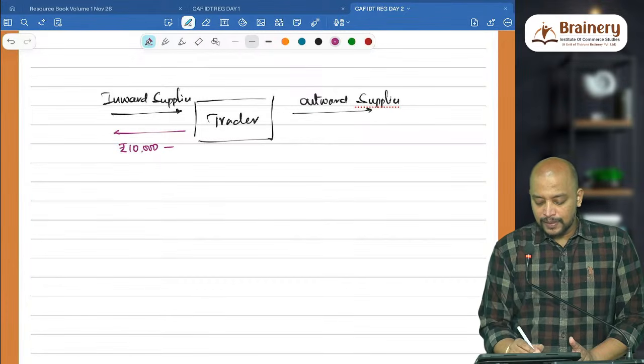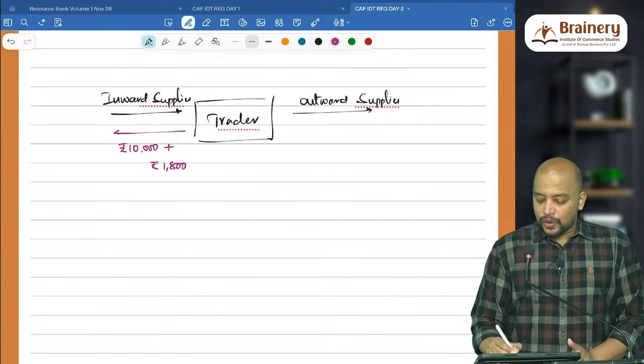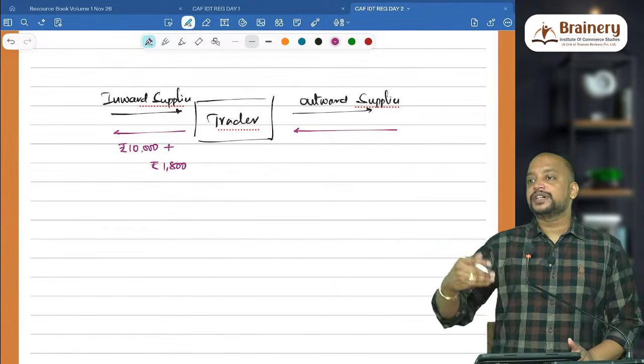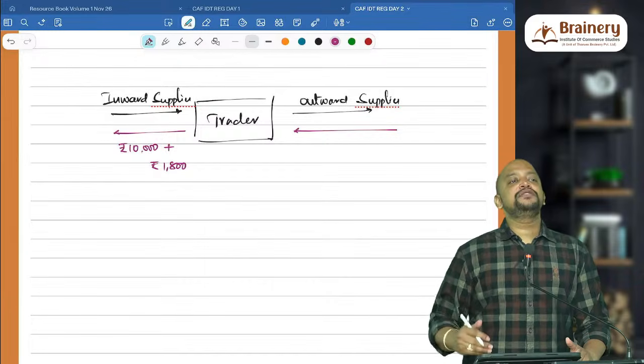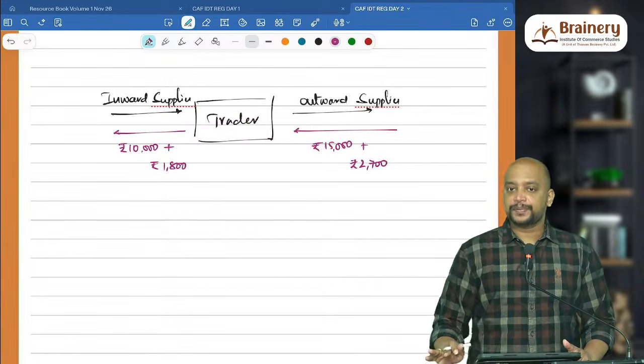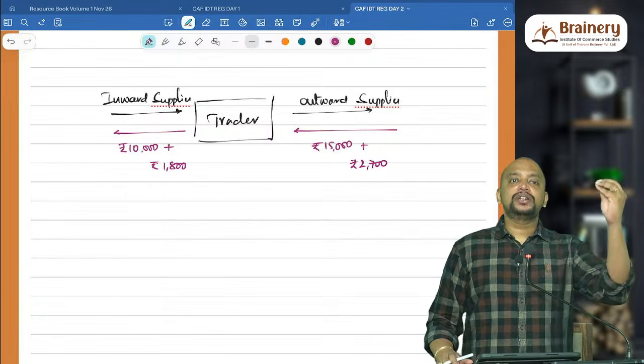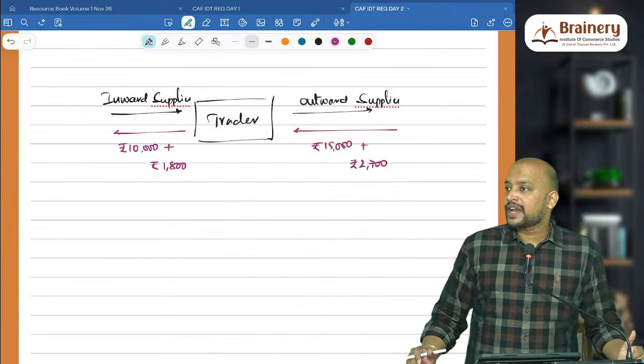10,000 plus 1,800 as GST. Whereas on outward supplies, when you sell to your customer, the customer will give you some money. Say that is 15,000 plus 2,700. So what is 1,800? Input tax. What is 2,700?